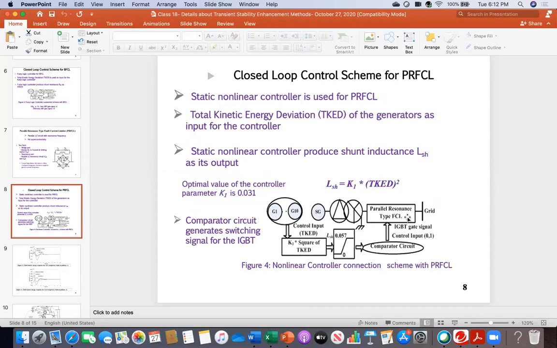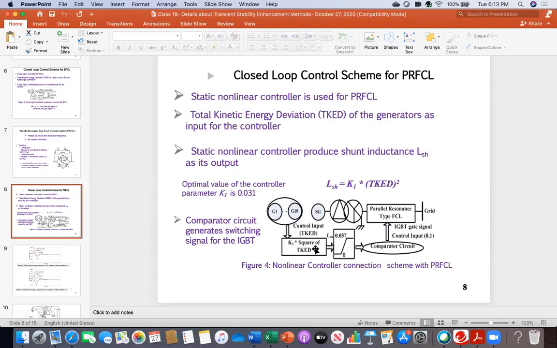Again, the parallel resonance, a similar type of diagram I'm showing, transformer and then synchronous machine, and for example, G1 to G10, 10 generators, and from all generators you are taking the control input. Here there is a controller, in this case one term K1 constant multiplied by square of TKD.